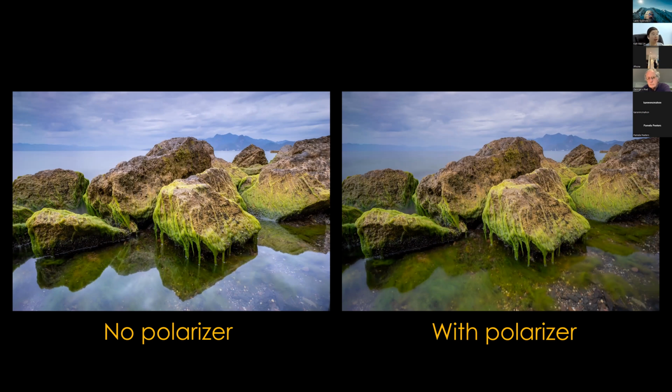Okay. And in landscape photography, we often use the polarizer to cut off the unwanted reflection from non-metallic surfaces, like the glass or the algae in this picture here, or even the water, so the water that reflects the sky. Once you cut off the reflection, you can easily see things under the water. It also helps to restore the saturation of those things, the grass, and the blue sky.